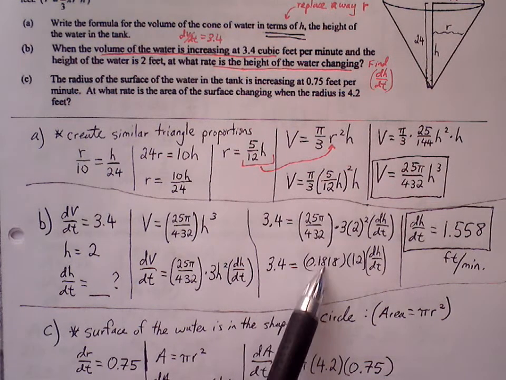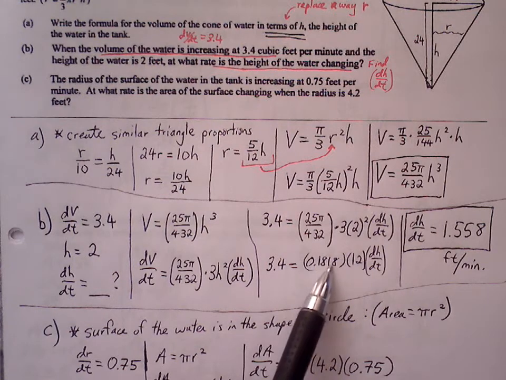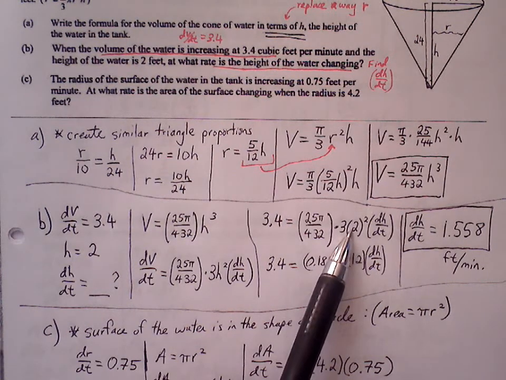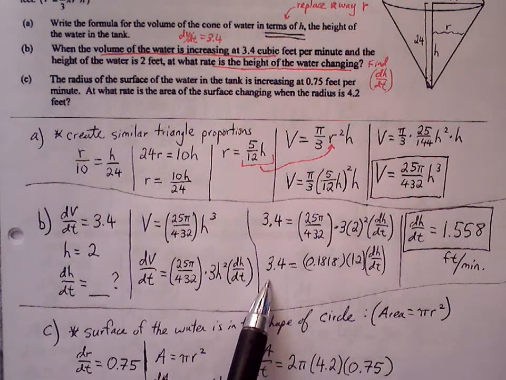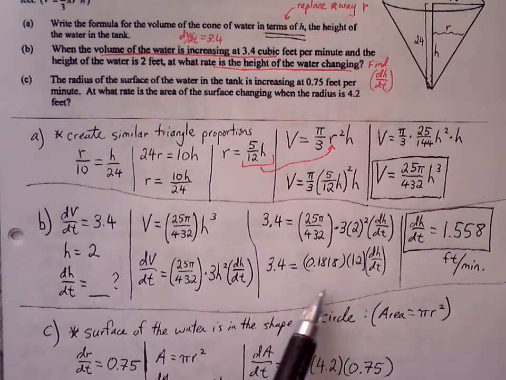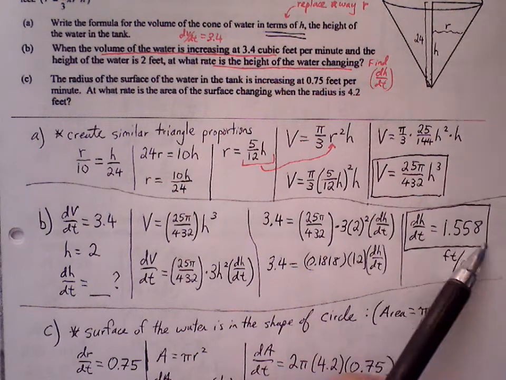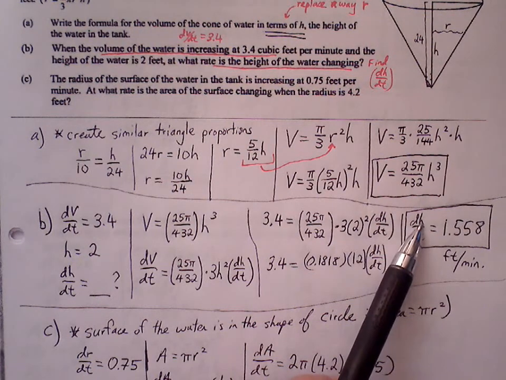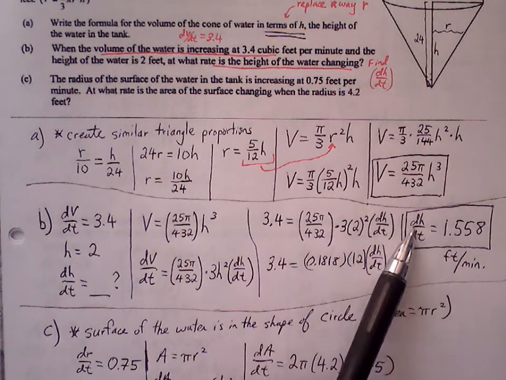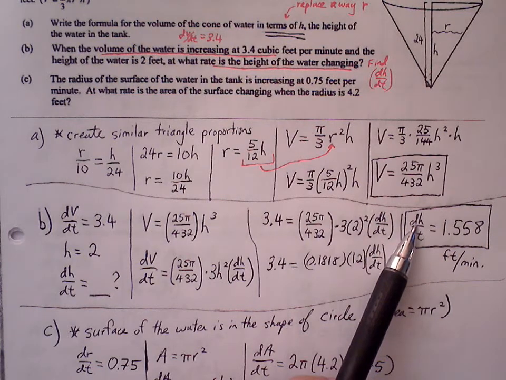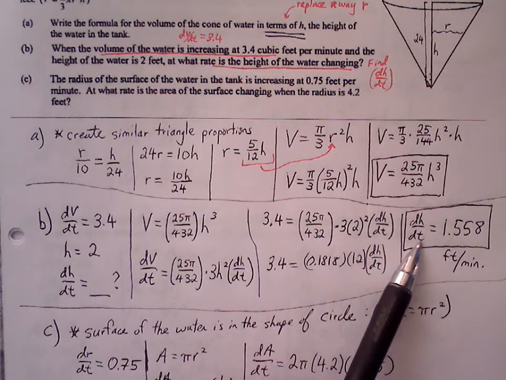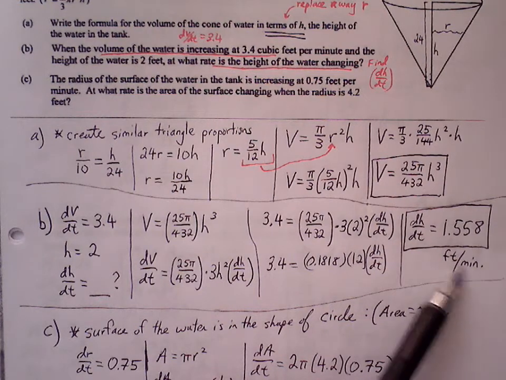So we can multiply all this out using our calculator, divide this over, and reduce this all the way. dH dt is equal to 1.558. For units of measure, H is in terms of feet. H is a one-dimensional unit, so it's not square feet or cubic feet, just feet. And then there's a time involved there, so we say per minute.